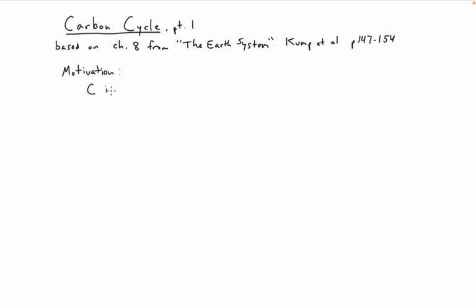Carbon is a major component of greenhouse gases, not just carbon dioxide, so both CO2 and methane. They're in small concentrations in the atmosphere, but they contribute a lot to the greenhouse effect, which we'll be talking about.